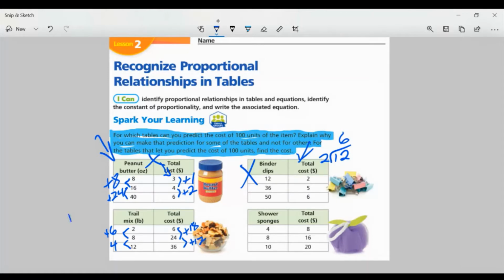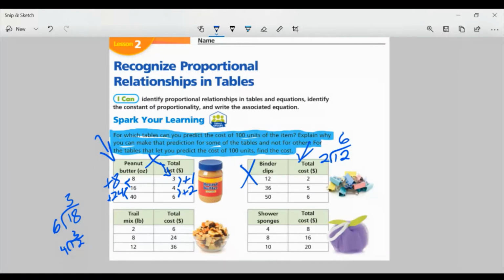All right, now obviously we have different increases, but if I divided them out, 18 divided by 6 would give me 3. If I went 12 divided by 4, that would give me 3. So this looks like it has the same unit rate every time.